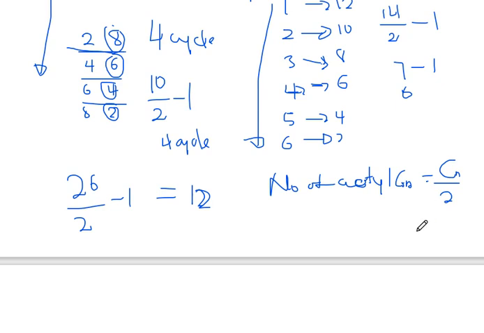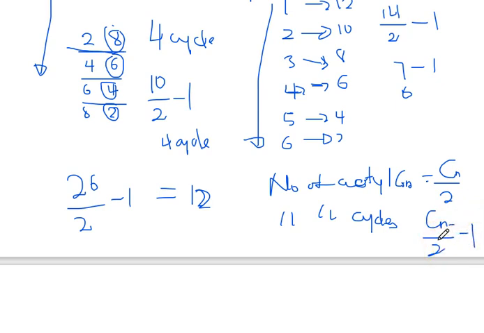That's the number of acetyl-CoAs that can be produced from the fatty acid. Then the number of cycles is the carbon number over 2 minus 1.